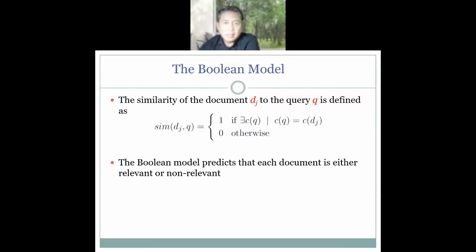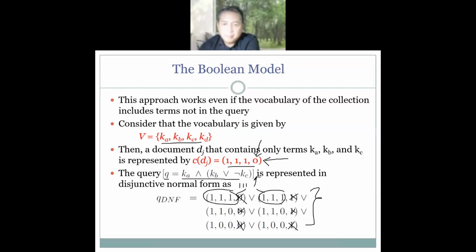Okay. The similarity between the document and the query will be defined as one if there exists a conjunctive component of the query such that it is equal to the conjunctive component of the document, meaning that it is the same with whatever possible value you have here. Since this is the same as this one, the similarity will be 1.